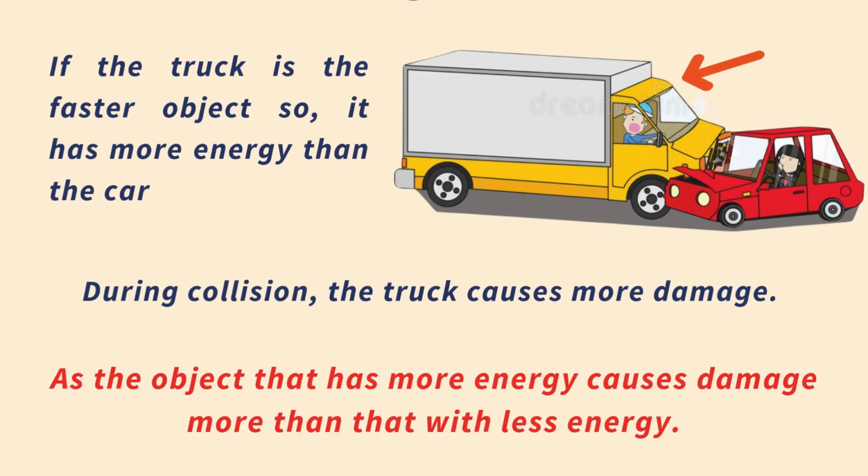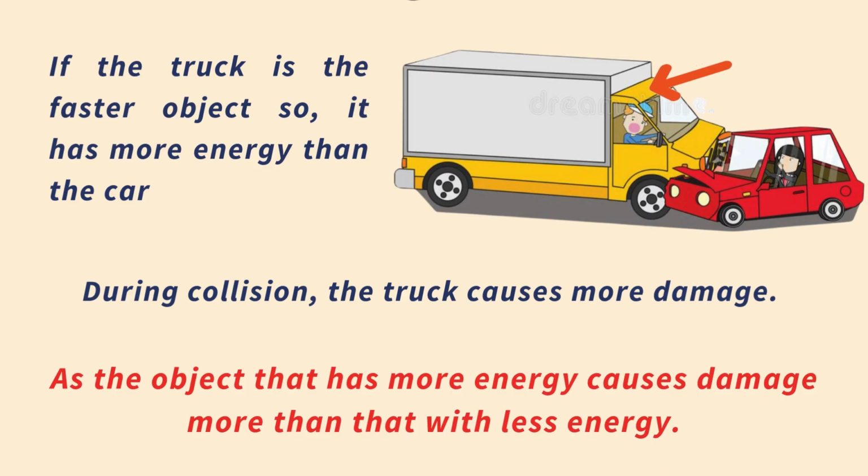The truck will cause more damage to the car, as the car will be broken more than the truck. And this is logical. The object that has more energy causes more damage than the object that has less energy.